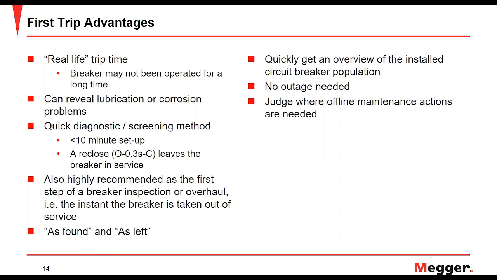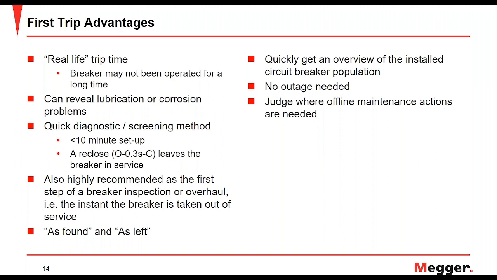So what advantages does first trip give us? It will give you real life trip time. Meaning, what happens when an actual fault happens after many years or many months in service, in most cases after a very long time of not being operated, what will the actual trip time look like. This is what first trip gives you.